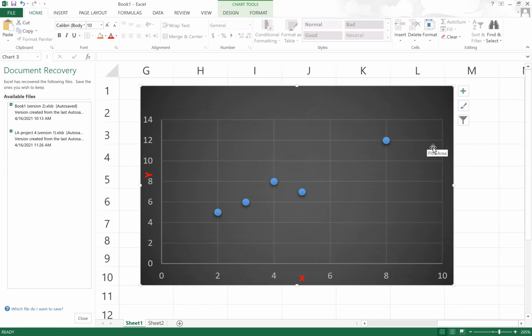Okay. Now, one important thing I want to show you is, let me put in the title maybe. Chart title. Put in correlation of X and Y, so we have a real context, right?